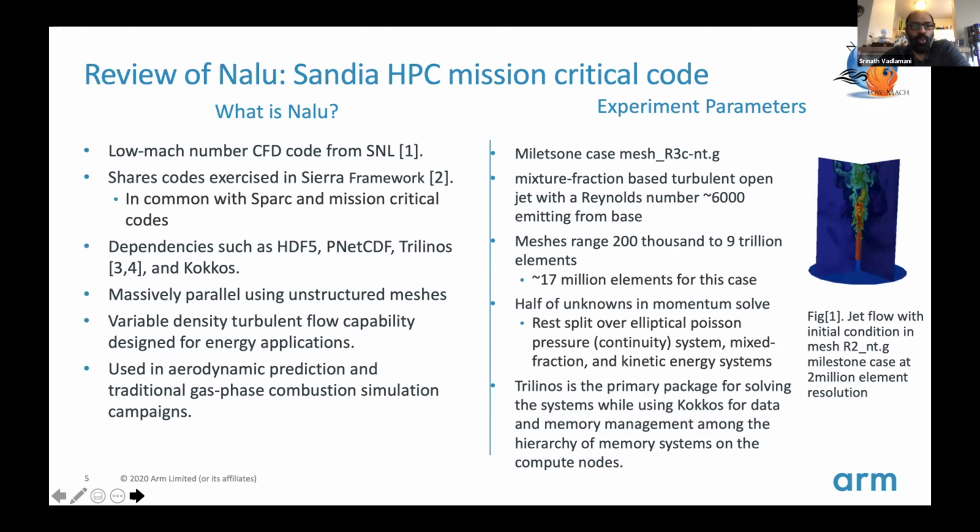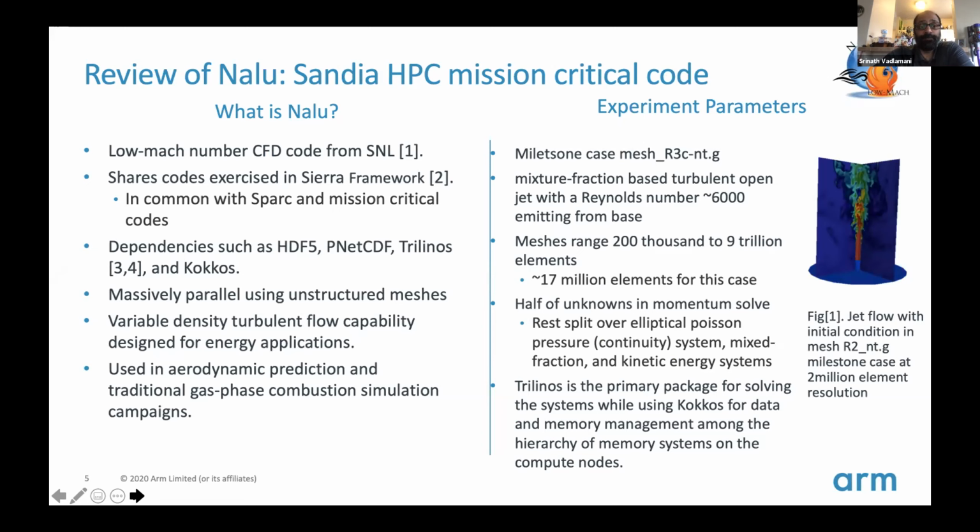So jumping over to what is Nalu. So Nalu is a CFD code primarily stewarded out of Sandia. And in this case, it's a low Mach number CFD code. It has a lot of the same infrastructure as Spark and higher Mach number resolving CFD codes that our Trilabs use in mission critical fashions.